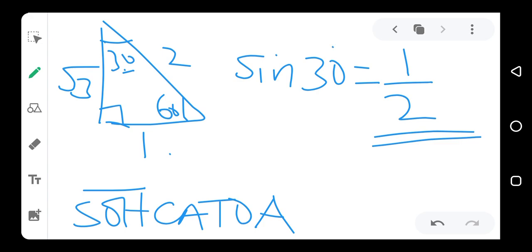If you use your calculator and find sine 30 degrees, you are going to get 1 over 2 or 0.5. Even if you use your 4-figure table, you are still going to get this. So this is how to get sine 30 degrees.